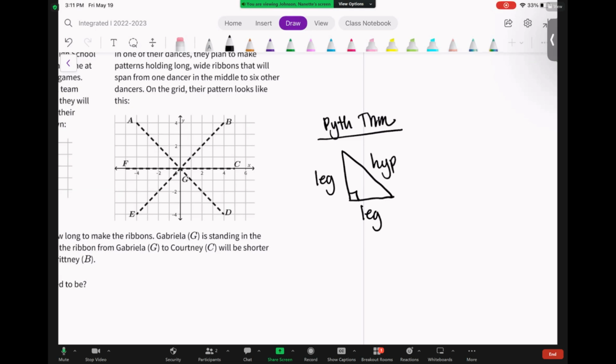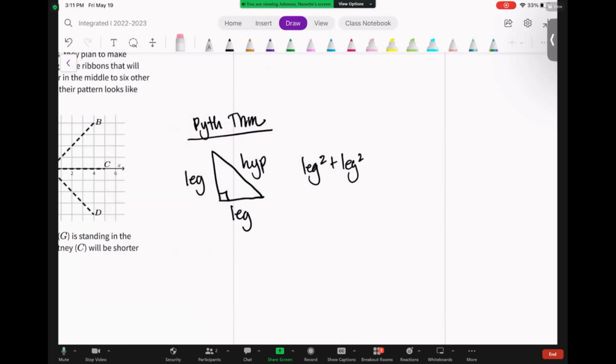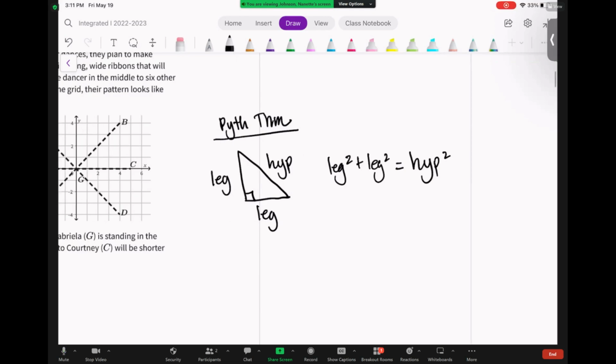Now, I know that some of you have memorized a squared plus b squared equals c squared, but in my years of teaching, I've recognized that some students who don't really understand this theorem tend to put whichever side is missing as the hypotenuse, and that's not correct. Only the hypotenuse gets to sit in the hypotenuse spot.